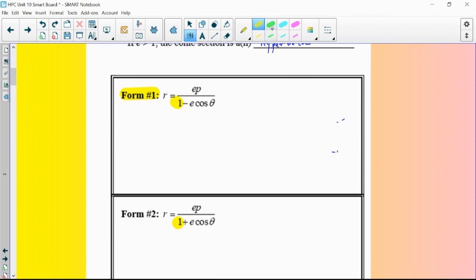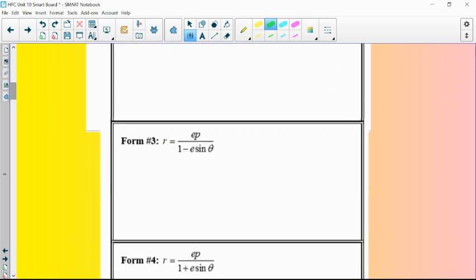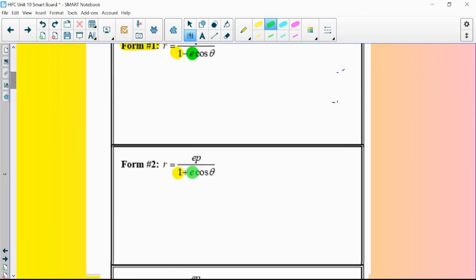If you can isolate that, so there's a sum or a difference with that 1, the eccentricity value will be right in front of that trig term. I've presented 4 forms, and they really indicate whether it's a positive cosine versus a negative cosine, a positive sine versus a negative sine, and that gives us the orientation of these conic sections. But if you can isolate the 1, then you know what the eccentricity is, and so we already know what shape we will be getting.